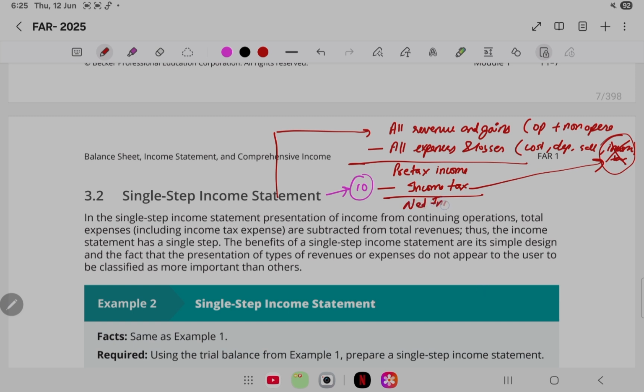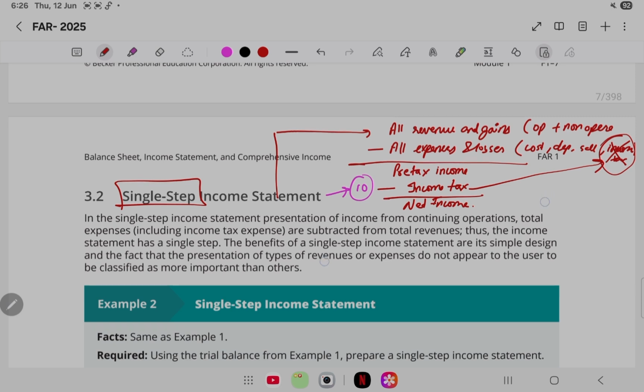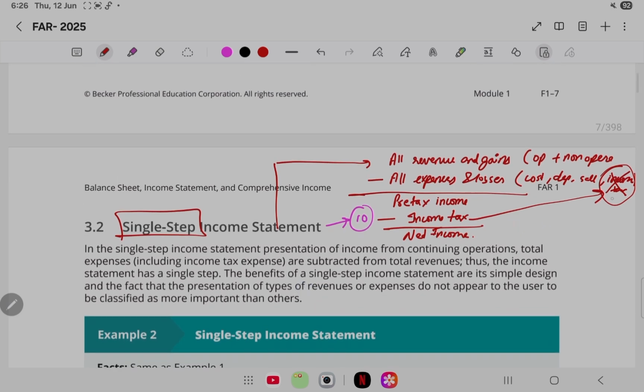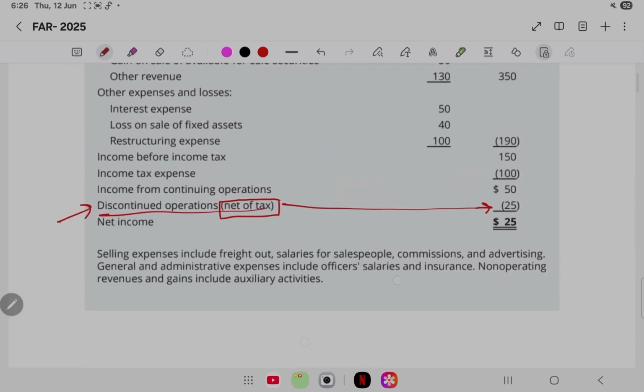It comes as net income. This is the formula you need to remember for the single step income statement. The important point is that the income tax in the question we need to show in the all expenses category.